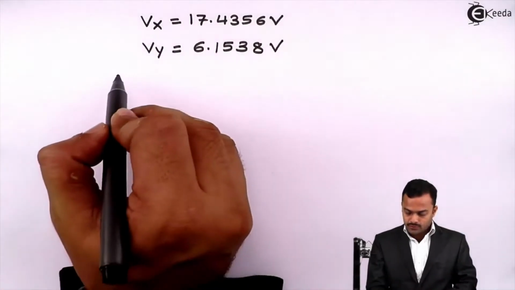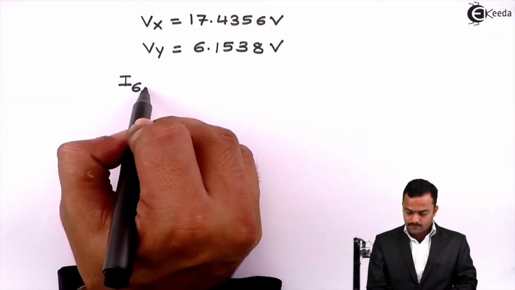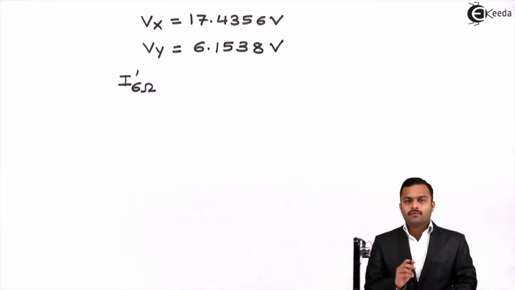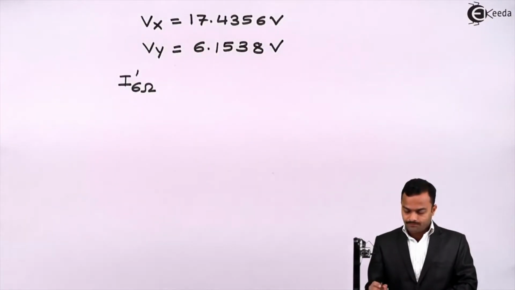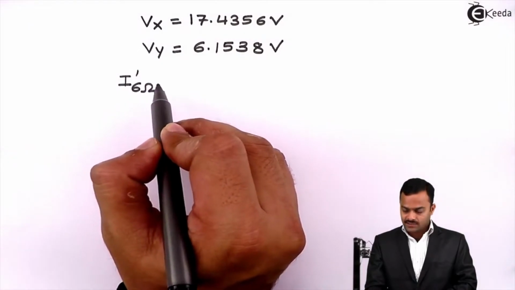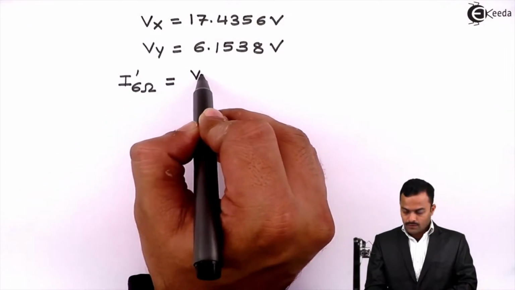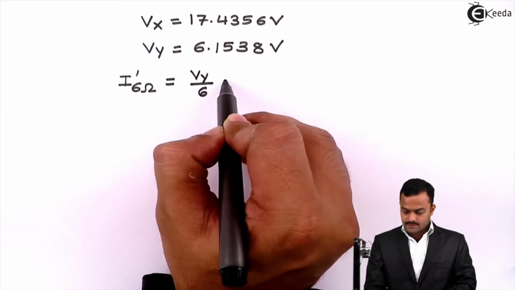So current flowing through 6 ohm resistance because of one source acting alone is I dash 6 ohm equal to Vy by 6.